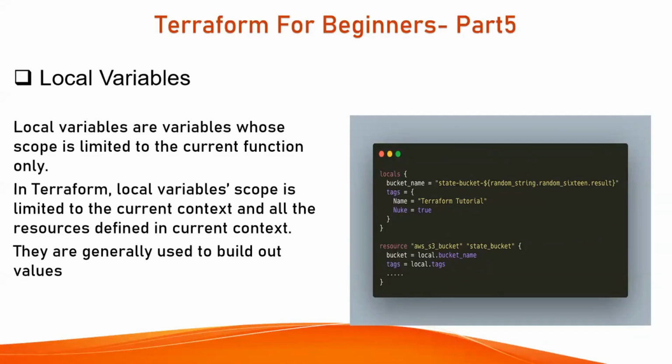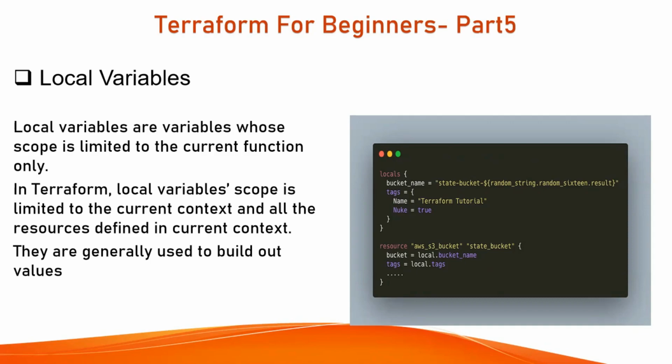They are generally used to build out variables. On the right-hand side, I have defined how the local variable is defined and what it is doing. This is one simple example, but we are going to have a demo session where we walk through what we have discussed.